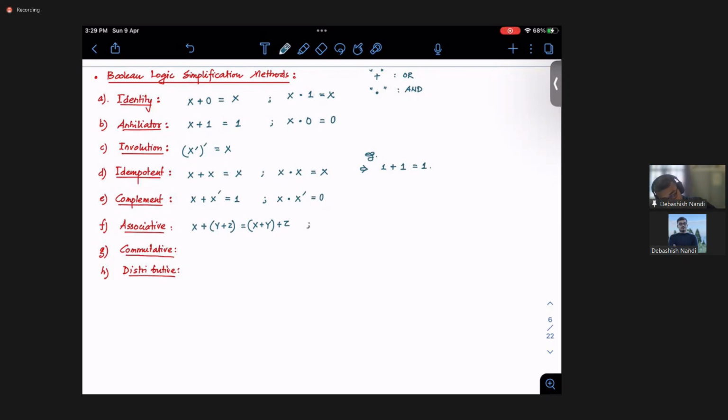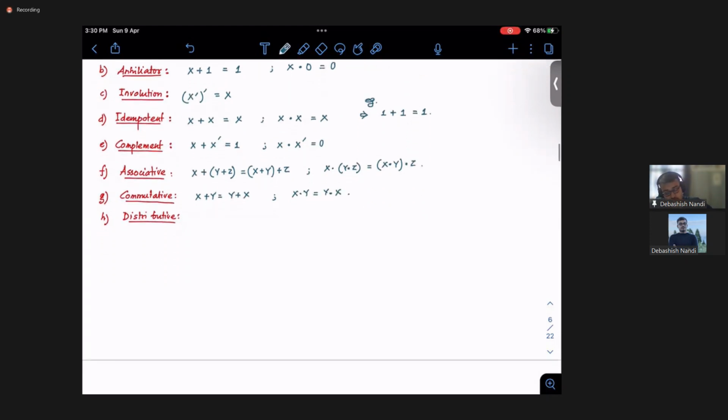The same thing applies to the AND operation also. Okay, this is called the associative property. And what is commutative? If you just change the order, it doesn't matter, right? So this is called the commutative property.